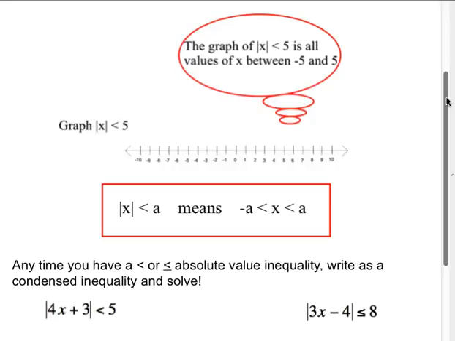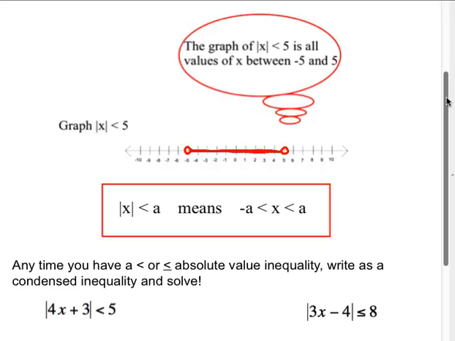this means. So if the absolute value of x is less than 5, well, again, absolute value is talking about the positive and the negative. So distance from 0 is 5 in both directions. And to be less than that, you're going to be talking about being constricted within.